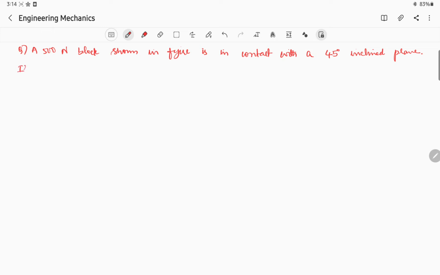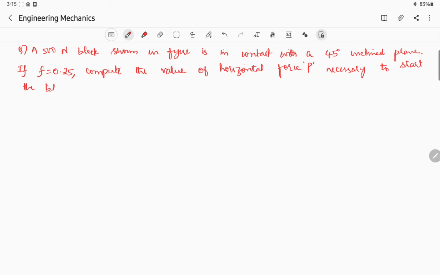If small f, that is coefficient of friction, is equal to 0.25, compute the value of horizontal force P necessary to start the block up the incline.